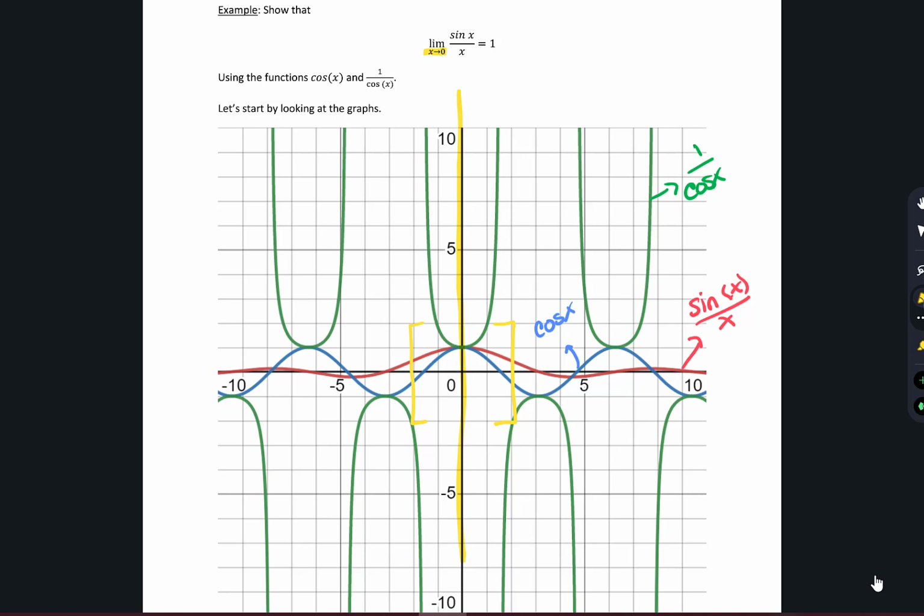So inside of this open interval, we have the inequality that the cosine of x is always less than or equal to the sine of x over x, which is less than or equal to 1 over the cosine of x.